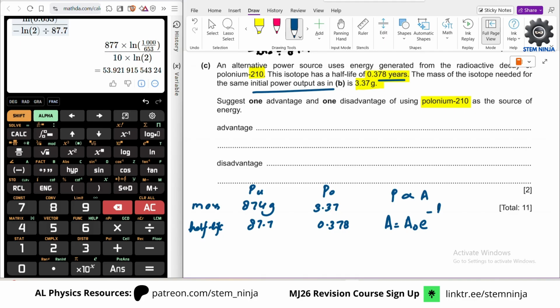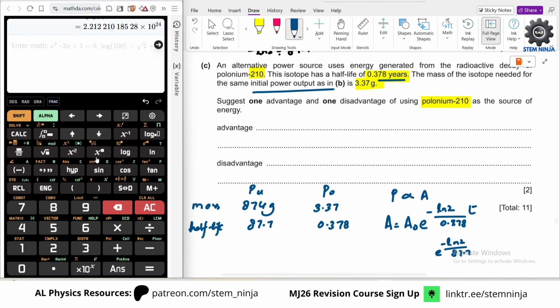Now you have minus ln2 over 0.378 times t. Compare this with ln2 over 87.7. So we can find out the value of lambda just to compare with this. So ln2 divided by 0.378, okay, so 1.83.